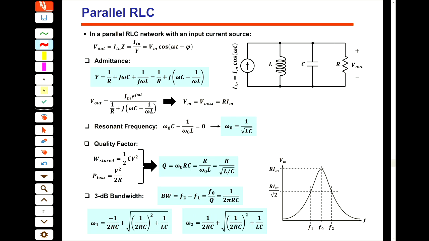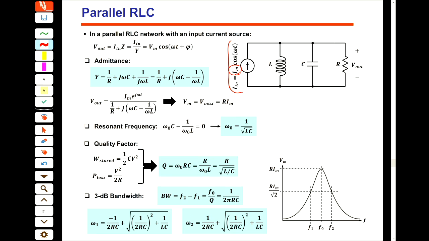Okay. Now for a general case of RLC in parallel. Assume that we have a R, L, and C, and these are pure R, pure L, and pure C. We excite this circuit with a current source given by I in equals Im cosine omega t. So this circuit works at frequency omega, and it has a maximum current of Im.